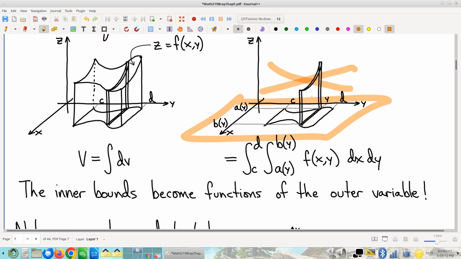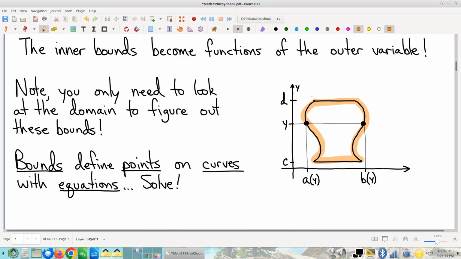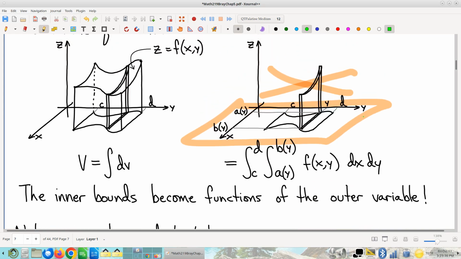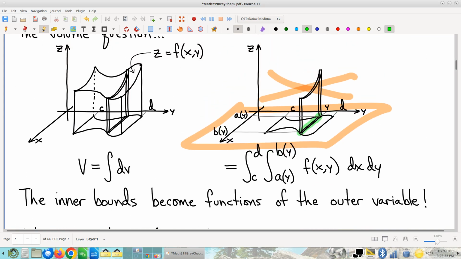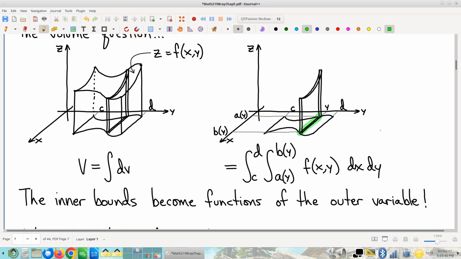And so what that looks like over here is y varies like so as y goes from C to D. And then for any one of these y slices, for example, for that y slice, now again, you can think of that as being this y slice over here.